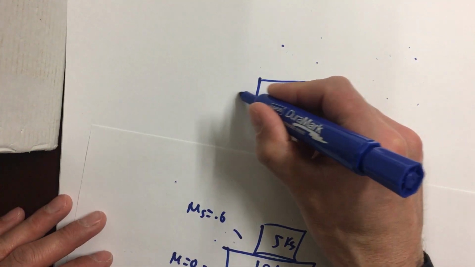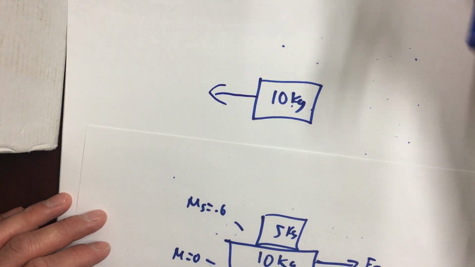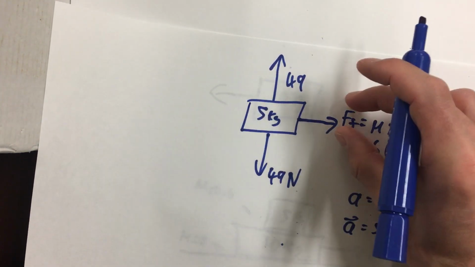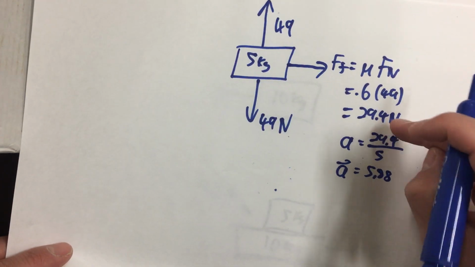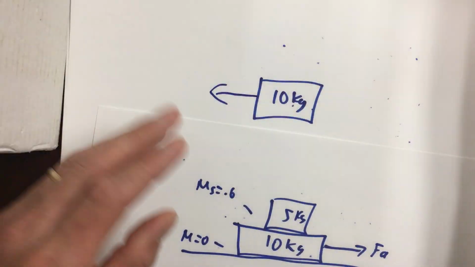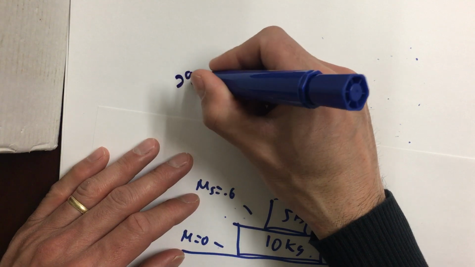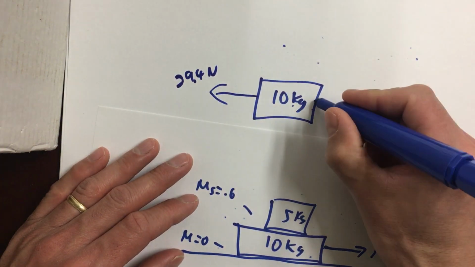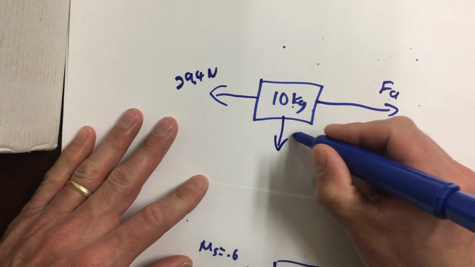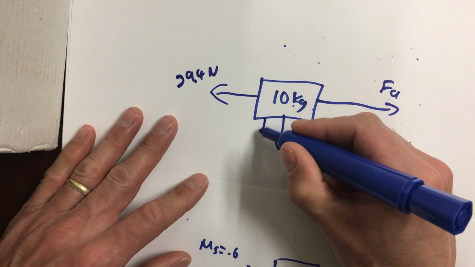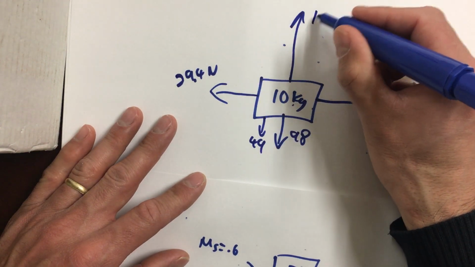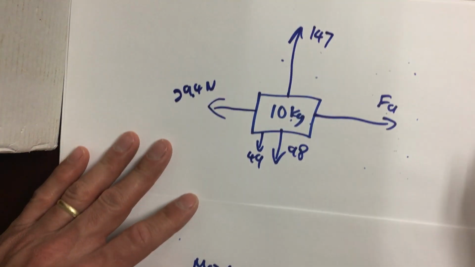So the force of friction, I'm just going to take from my previous case, whereas friction was pulling the top block forward, that same friction pulls the bottom block back, 29.4 newtons. So I've got 29.4 newtons pulling me back. I've got an applied force pulling it forward. We've got gravity of 98. We have a top block pushing down with 49, and the normal force will push up with 147.